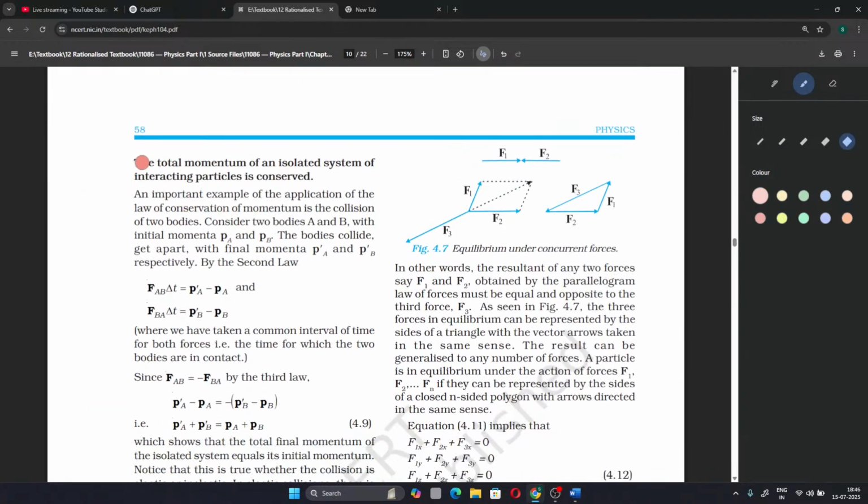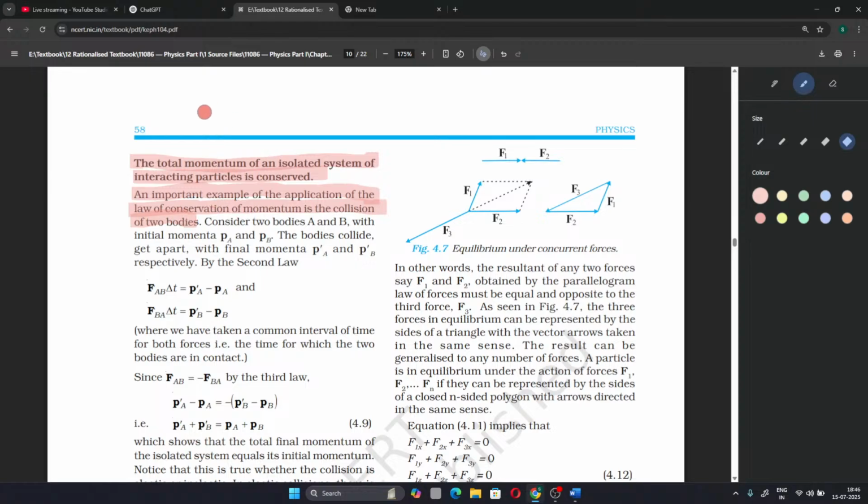The total momentum of an isolated system of interacting particles is conserved. An important example of the application of the law of conservation of momentum is the collision of two bodies.